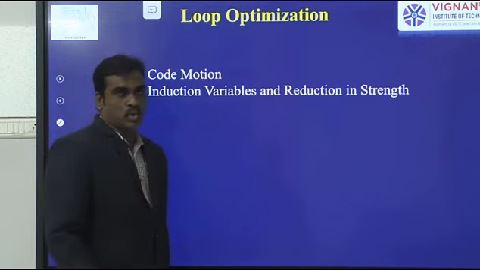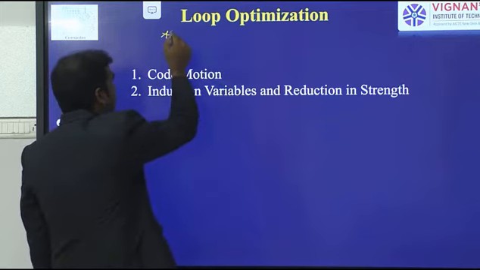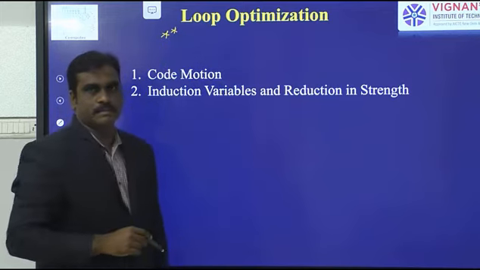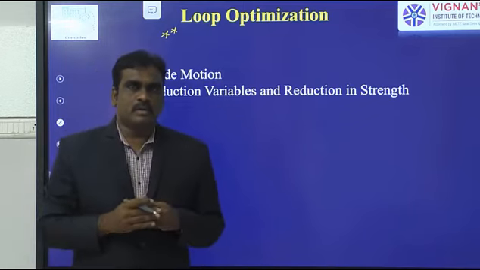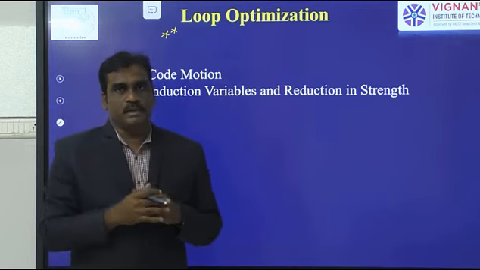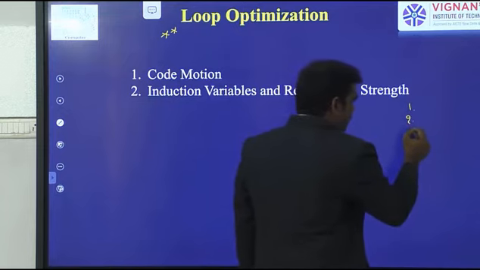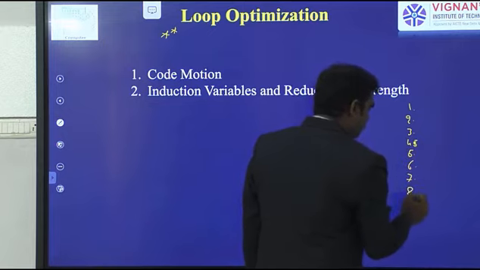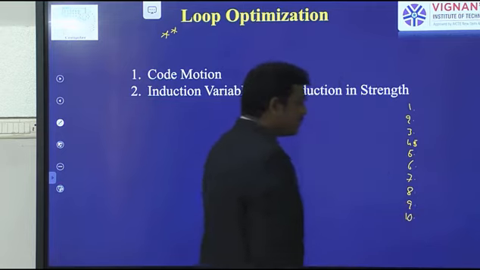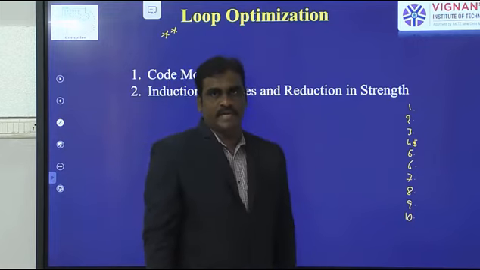And the next one is loop optimization. It is a very, very important topic, because in the optimization process, we first have to optimize the loops. For example, suppose our program contains a total of 10 lines.